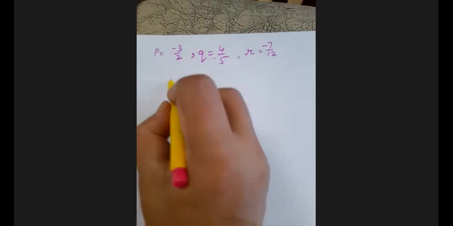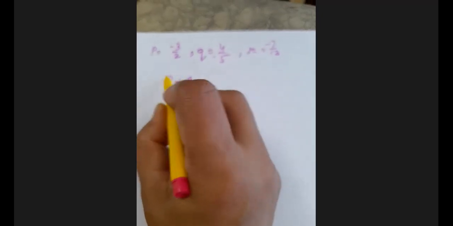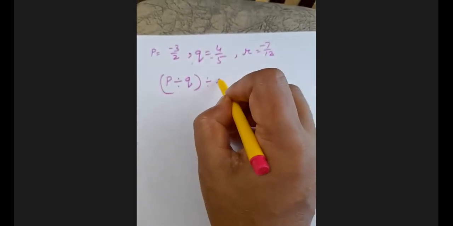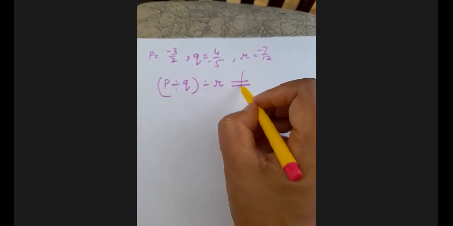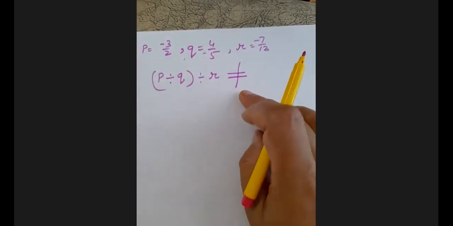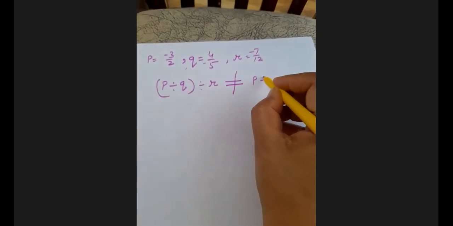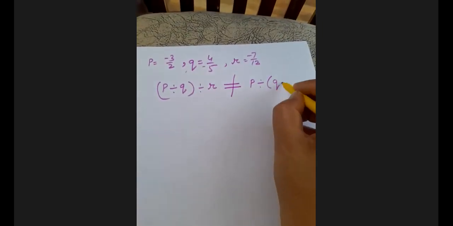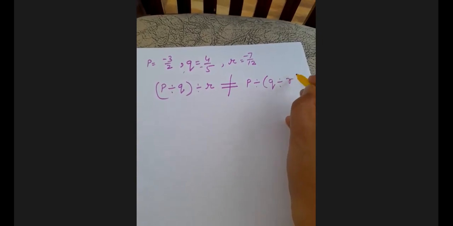Now verify that P divided by Q divided by R is not equal to P divided by Q divided by R, with brackets placed differently.